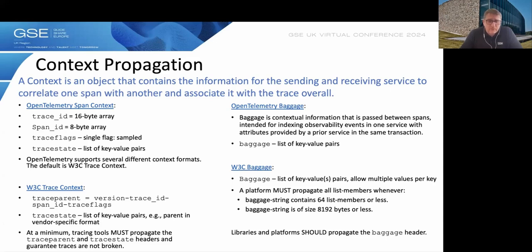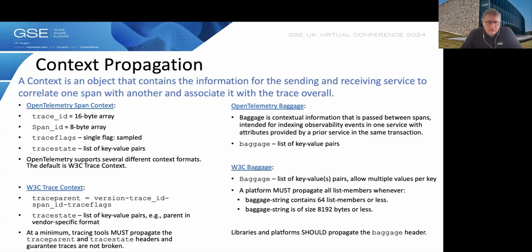But as you realize, trace IDs and span IDs, this is really what is essential when we come to the point of representing context, but also then exporting spans. Then there is trace state. Trace state is just a list of key value pairs.